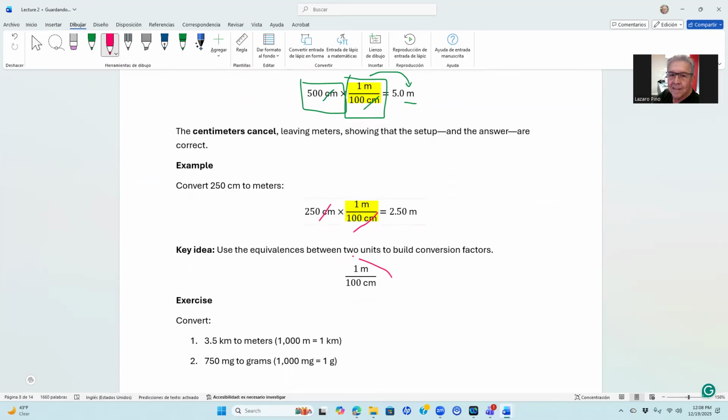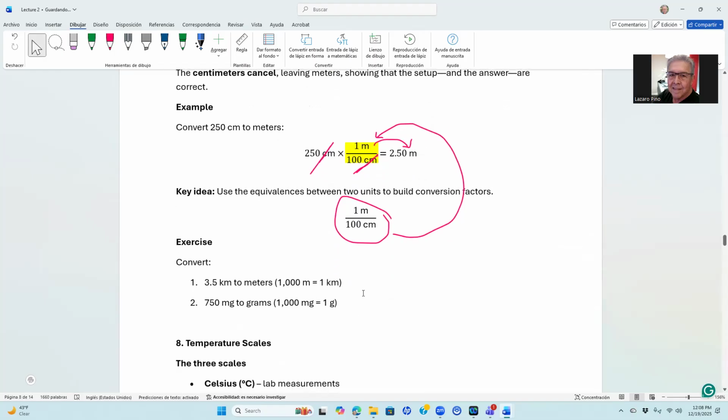Then you need to make the conversion factor and apply this in such a way that you can cancel the given unit, and the unit that you will get is the one that you are asked for. Here you have an exercise that you can do, giving you here the conversions, in such a way that you make the conversion factor from the given unit to the unit that I want you to convert the given number.